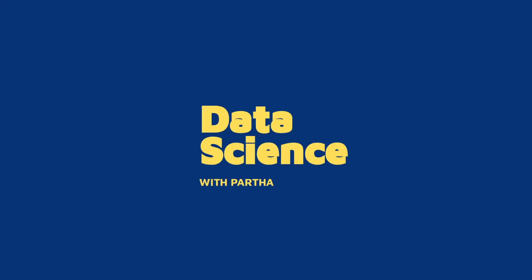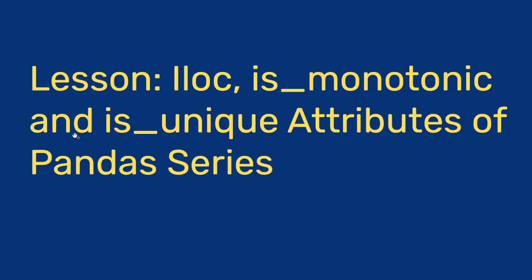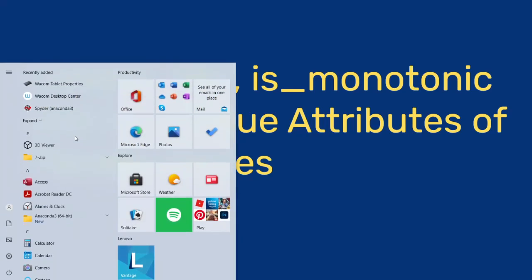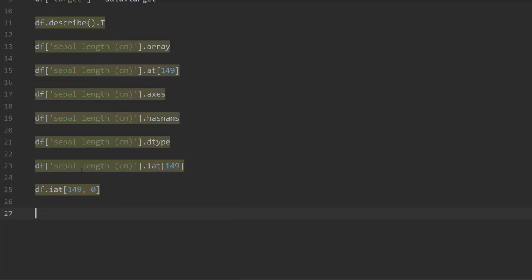In today's video, we will discuss the attributes iloc, is_monotonic, and is_unique. So we will continue using the IRIS dataset for the examples. Now, I'll be switching over to my PyCharm.